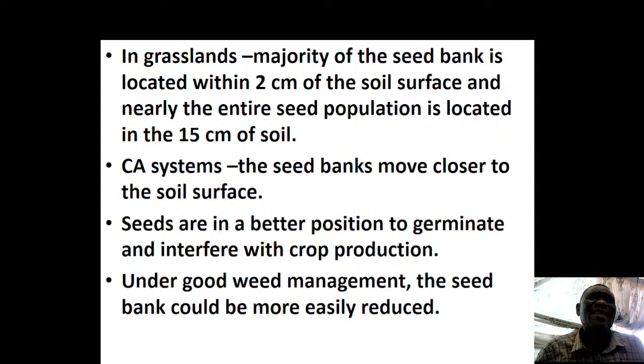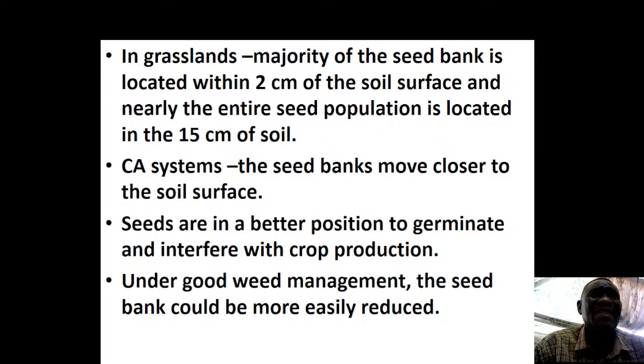Now, in grasslands, the majority of the seed bank is located within 2 centimeters of the soil surface, and nearly the entire seed population is located in the 15 centimeters of the soil.